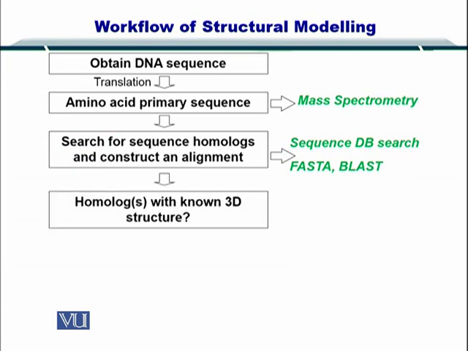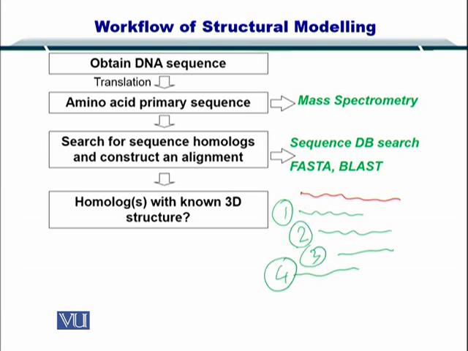Now you have your protein sequence along with similar proteins from the database. All you have to do now is find out which proteins have a structure which is known as well. For instance, if you found 4 different proteins from the database search, you need to go and find these sequences from the Protein Data Bank or the PDB.